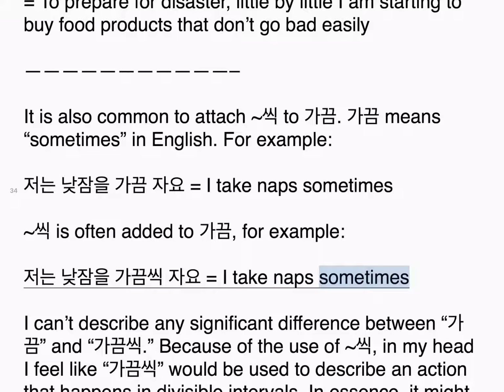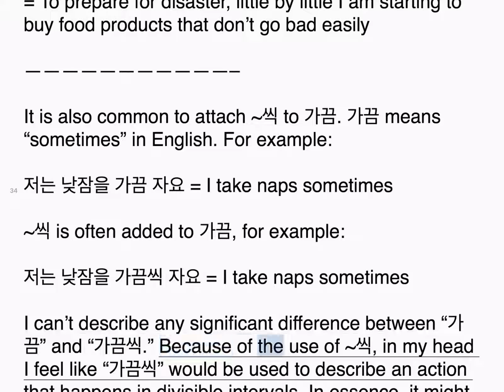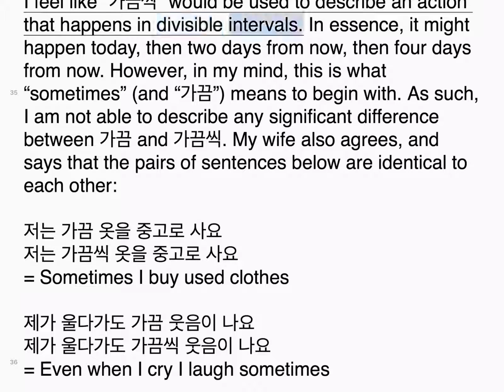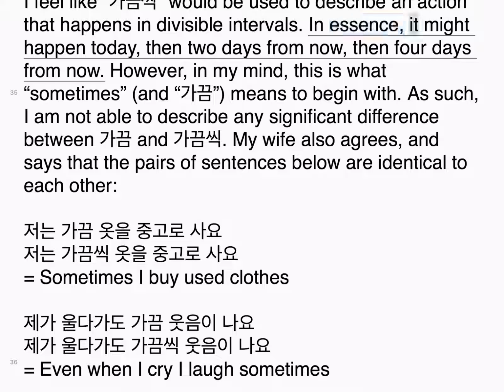I take naps sometimes. I can't describe any significant difference between 가끔 and 가끔씩 because of the use of 식. In my head I feel like 가끔씩 would be used to describe an action that happens in divisible intervals. In essence, it might happen today, then 2 days from now, then 4 days from now.